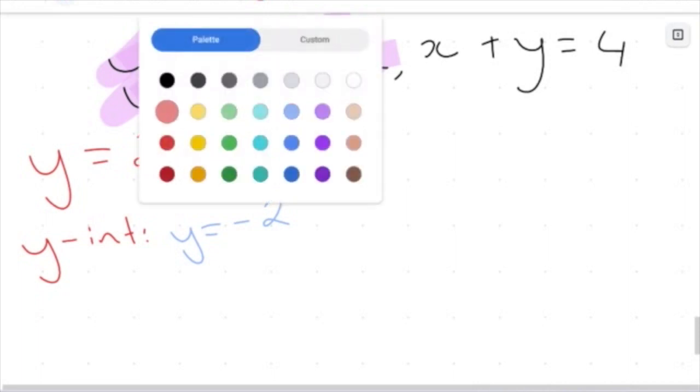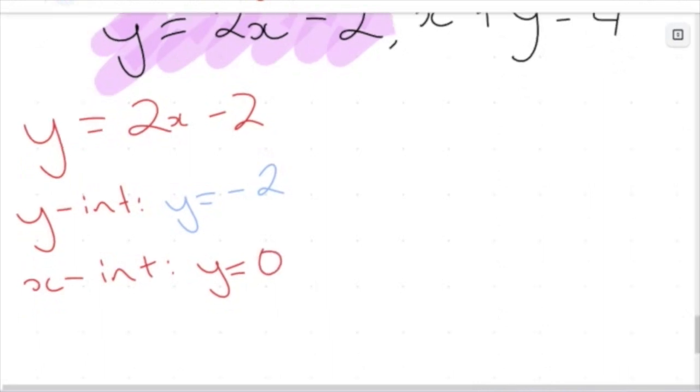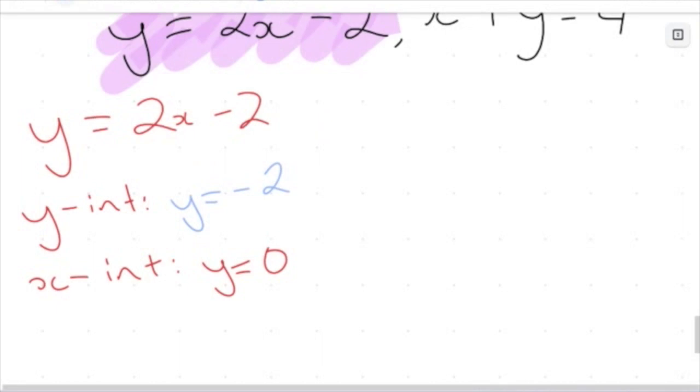And for the x-intercept, I'm going to let my y equal 0 in order to solve this. This should all be revision, guys. If any of this is unfamiliar to you, please go back to the previous video. I'm going to put in 0 for my y, and I get 0 equals 2x minus 2.